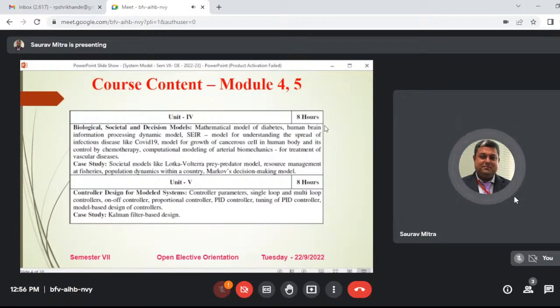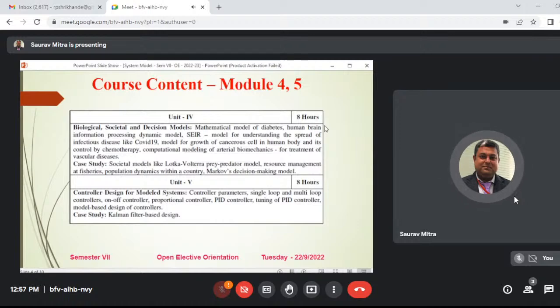Module 4: as module 3 deals with mainly economics, national income and money making, module 4 talks about biological, social and decision making models. Here we are going to see the mathematical models for diabetes, the human brain information processing system, and modeling of SEIR. That is actually how COVID or any contagious disease propagated. That model we are going to find out through SEIR. Then the model of growth of cancerous cells in the human body.